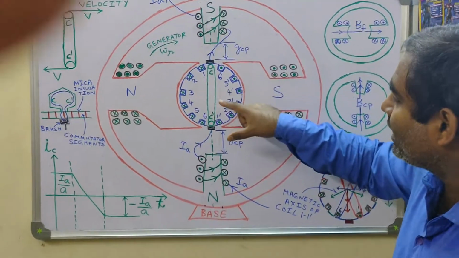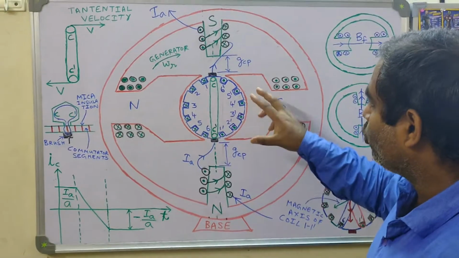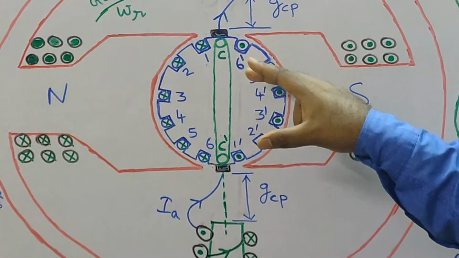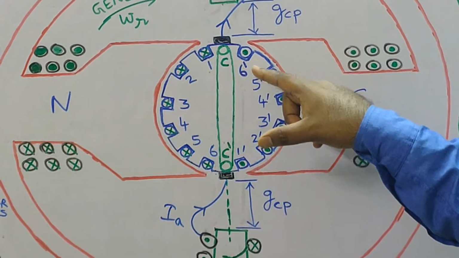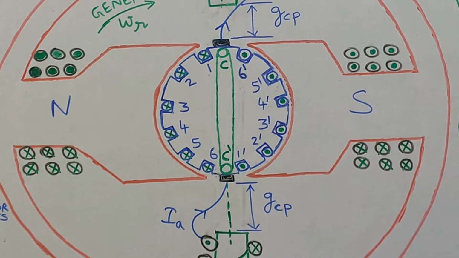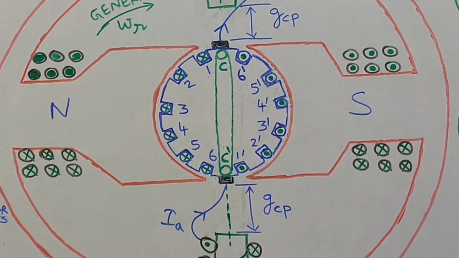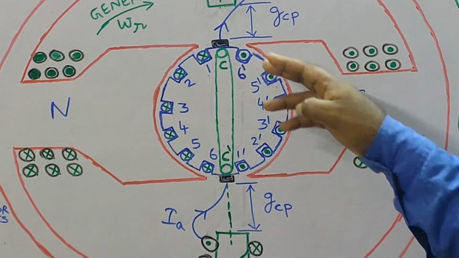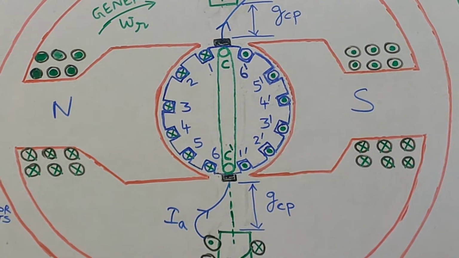In this diagram I have indicated 12 armature slots. Obviously, if there are 12 armature slots, then the number of armature teeth will also be 12. What I have indicated in the armature core is a single layer winding.